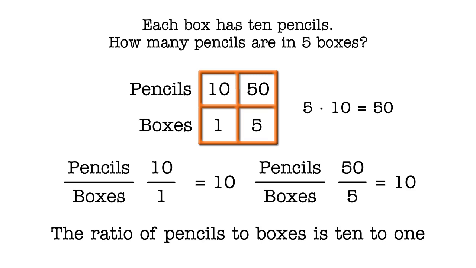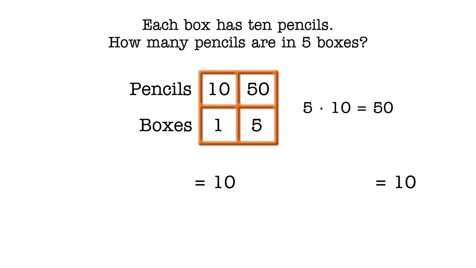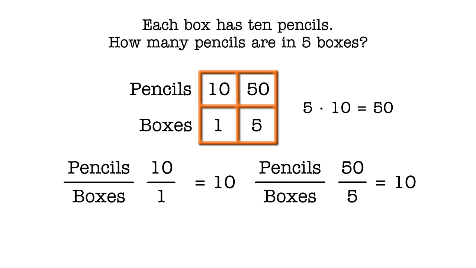The most common is the way we've written it here. We can also write these same ratios like this. This ratio is read as the ratio of pencils to boxes is 10 to 1. This ratio is read as the ratio of pencils to boxes is 50 to 5.